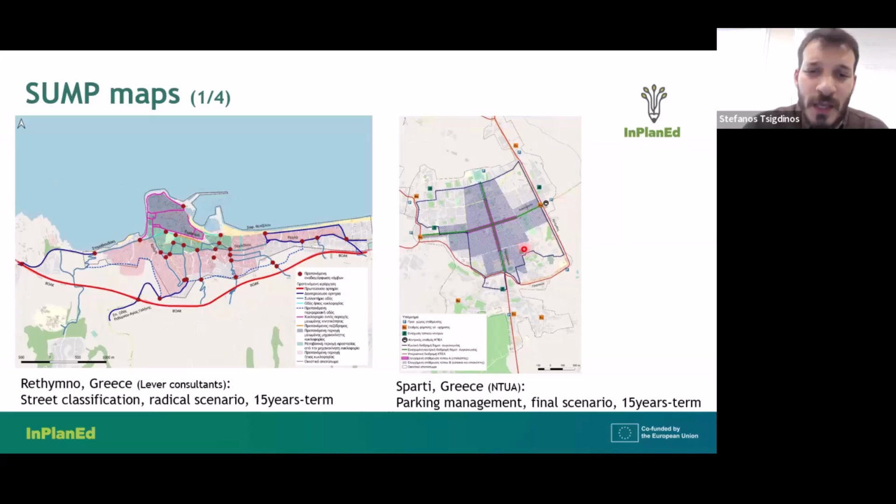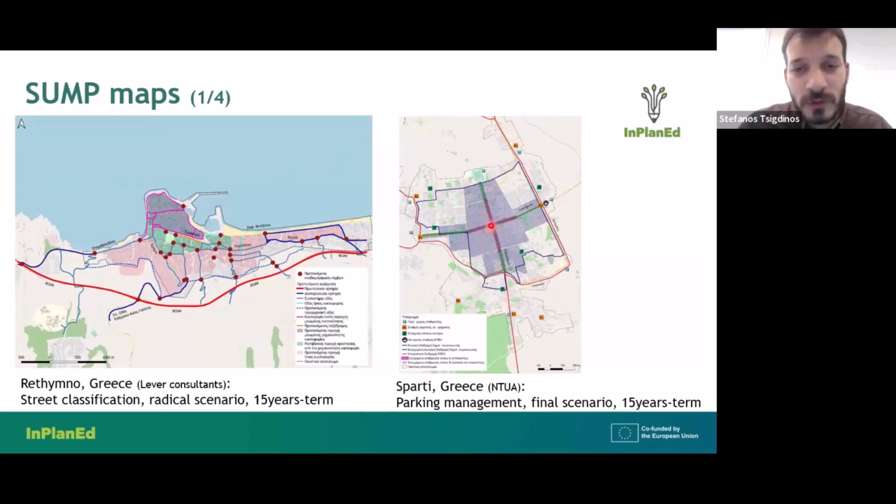Here we have Sparti, or Sparta as it's called in some cases, which is in the Peloponnese region, in the southern part. And we have the same kind of approach. We have this ring road that deters the through movement that could be done today. Here is the flow today.